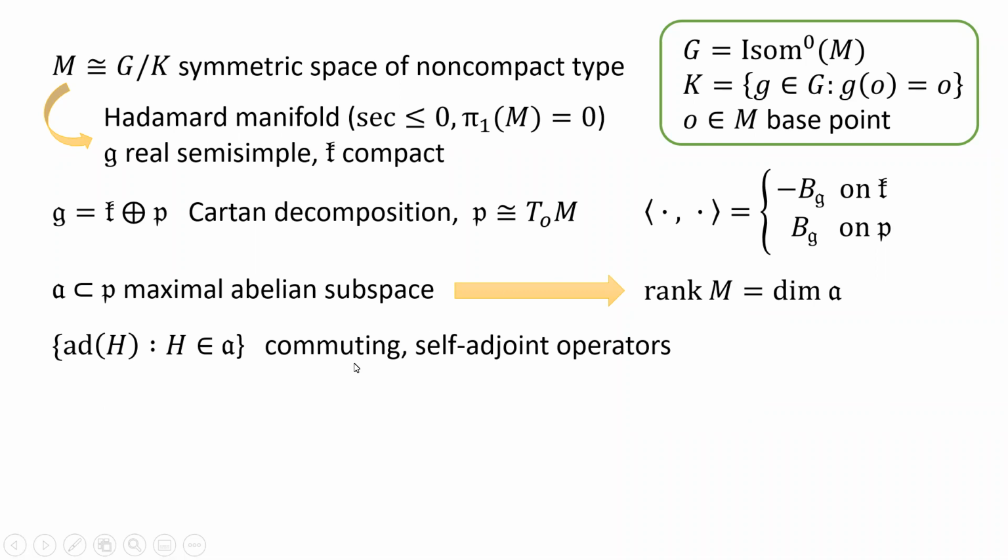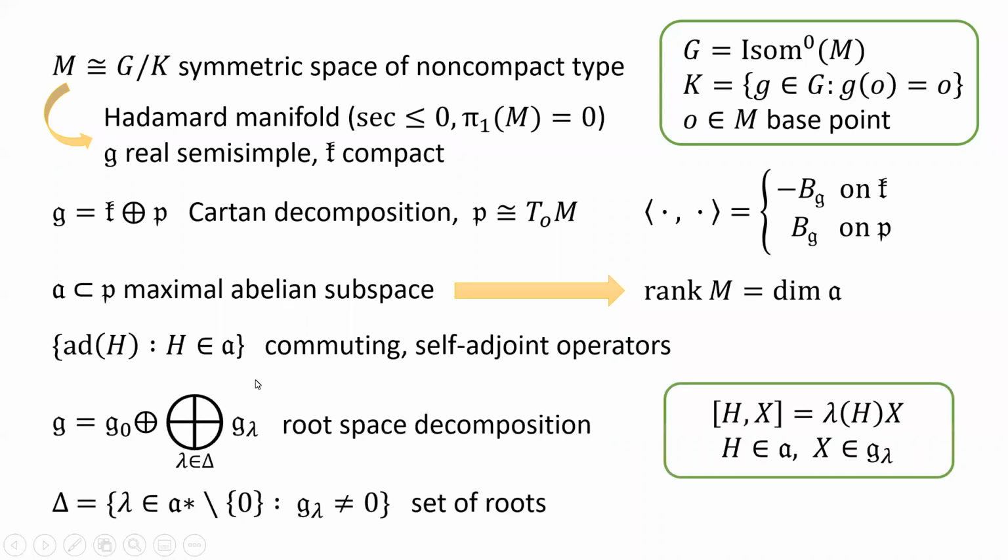Okay, so they diagonalize simultaneously. So there is a common eigenspace decomposition of g, and this is the so-called restricted root space decomposition.